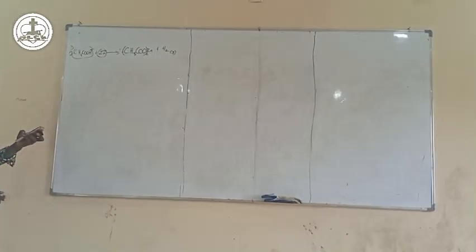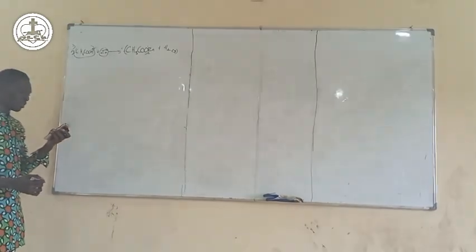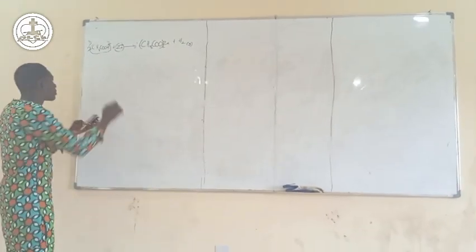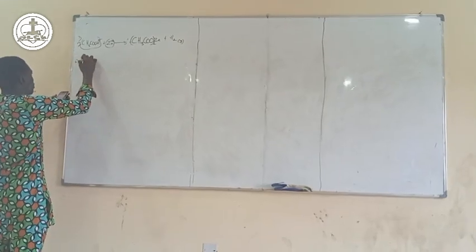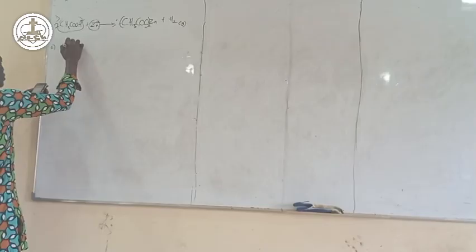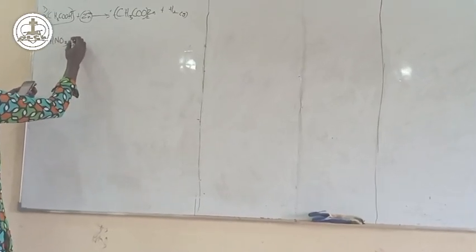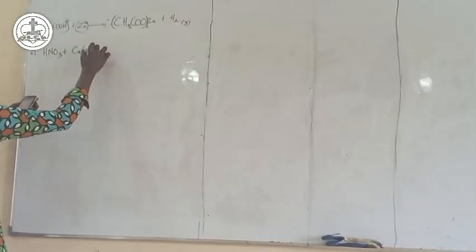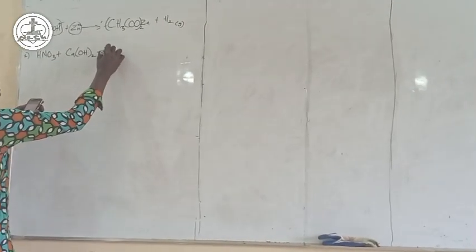Now going to the next question. The products obtained when the following chemical reaction is completed and balanced are... So number two, this is the chemical reaction: HNO3 plus Ca(OH)2.